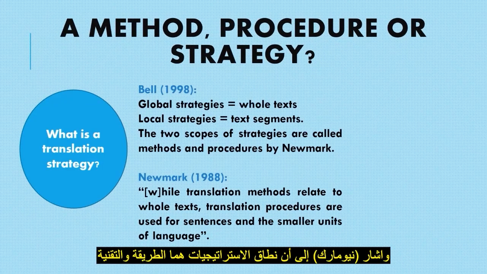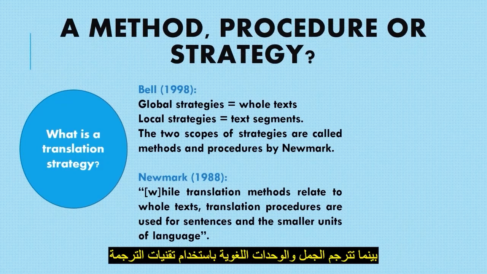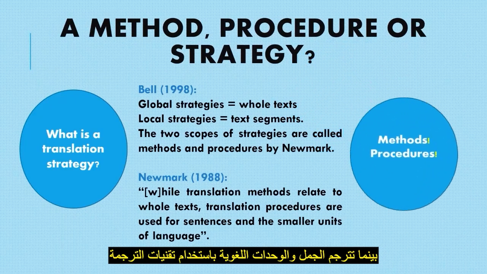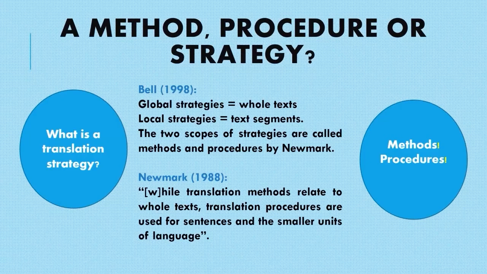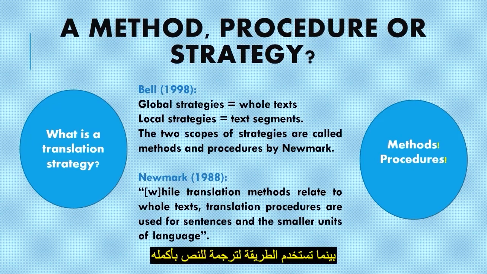The two scopes of strategies are called methods and procedures by Newmark, who argued that while translation methods relate to the whole text, translation procedures are used for sentences and the smaller units of language. Therefore, Newmark used translation procedures for the translation of sentences and the smaller units below, while a translation method is used for the whole text.